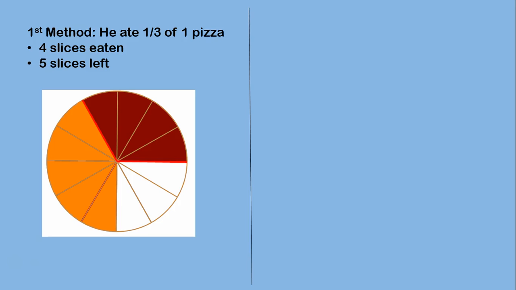Let's look at the differences encountered due to the reference units in the problem. So in the first method, we ignored the words in the problem and assumed that both fractions had a reference unit of 1. So Justin ate 1/3 of 1 pizza, which means 4 slices were eaten and 5 slices were left.